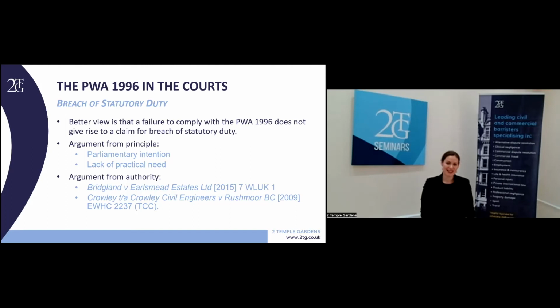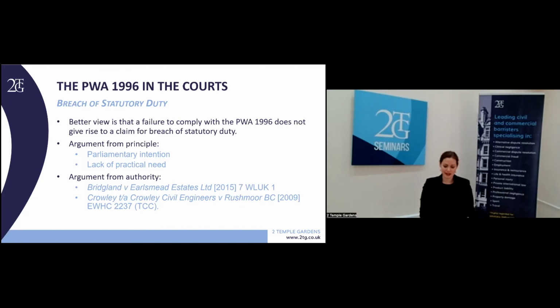Because where the Act is engaged, the parties have access to the system of surveyors with a right of appeal to the civil courts, as we've seen. And where the Act isn't engaged, then the common law applies, along with all of the remedies that would usually follow. So from a matter of principle, I don't think a breach of statutory duty claim would add anything.